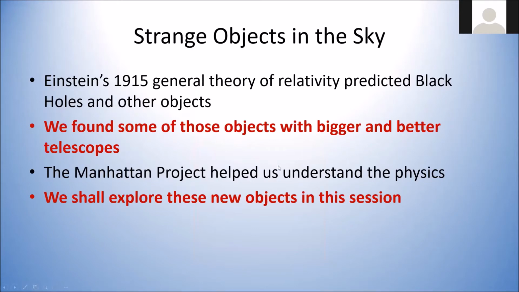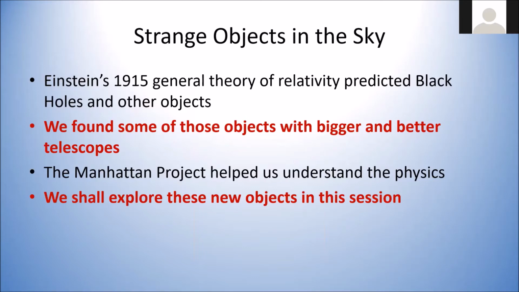So the strange objects that we found in the sky were actually predicted by Einstein's general theory of relativity back in 1915. He didn't realize it at the time, but others would use that general theory of relativity to predict these objects.